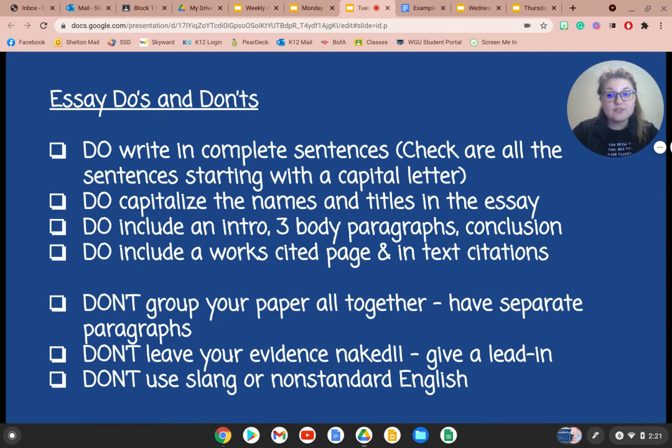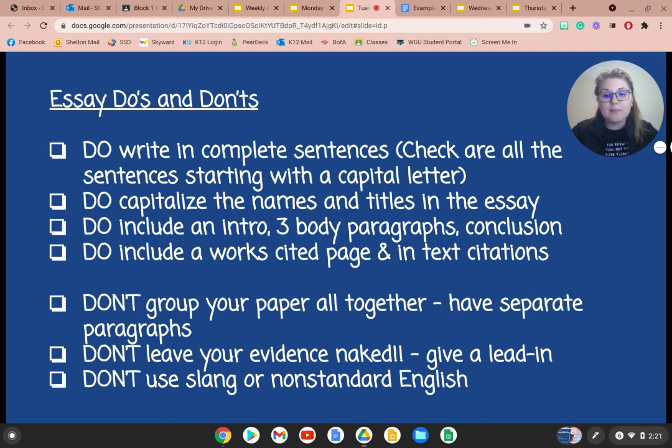These are proper nouns, and so they need to be capitalized. This is a common mistake I see. So make sure that if there's a name or the title of something, it's capitalized. Make sure that your essay has an intro, 3 body paragraphs, and a conclusion. Make sure that one of those body paragraphs has a counterclaim. And do make sure you have a works cited page with in-text citations.